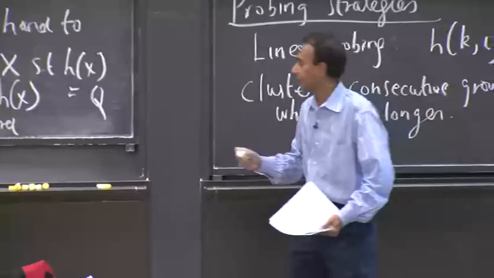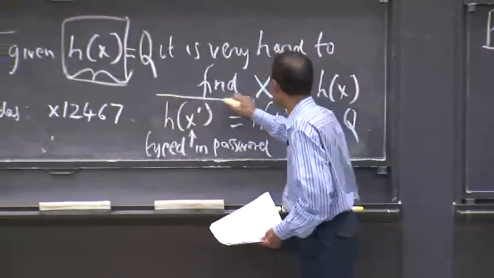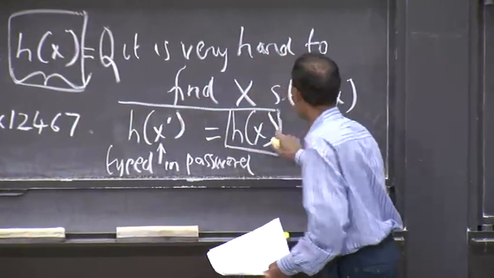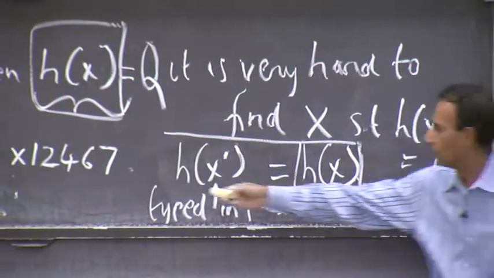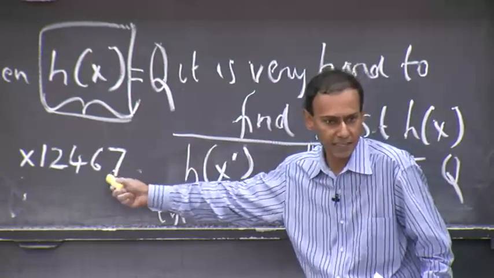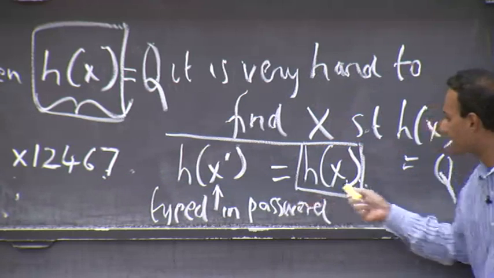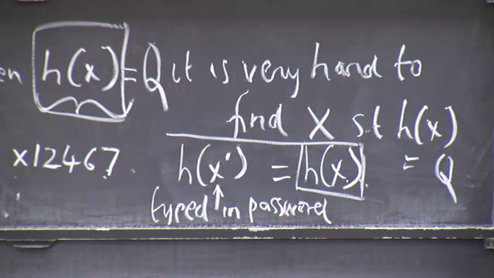It doesn't need x, because it stored h of x in the system. So it would compute the hash again, compare against what I typed in, and let me in if these things matched, and not let me in if they didn't.